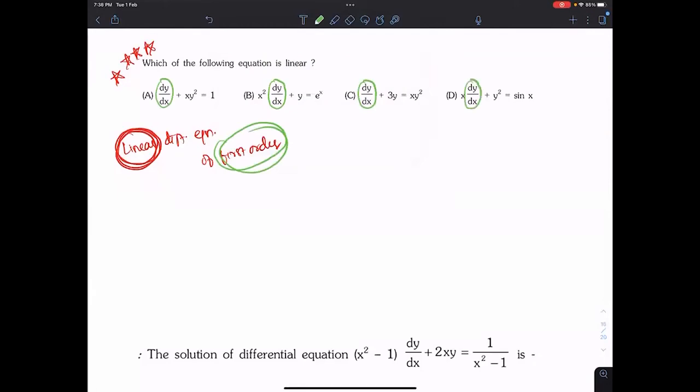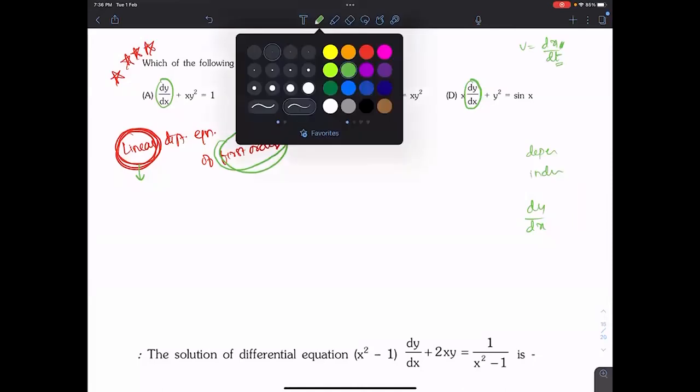Now linear means, what we mean is, there is something called dependent variable and independent variable, right? For example, what is velocity? dx by dt, correct? You can't control time, but displacement is something which you can control. That is how we normally talk. Time is not in our control. Time will go on. But how you accelerate a vehicle or something, what you are controlling is how much it is traveling.